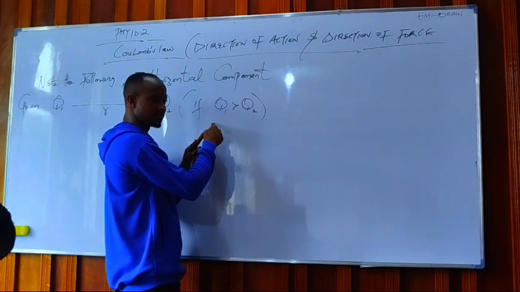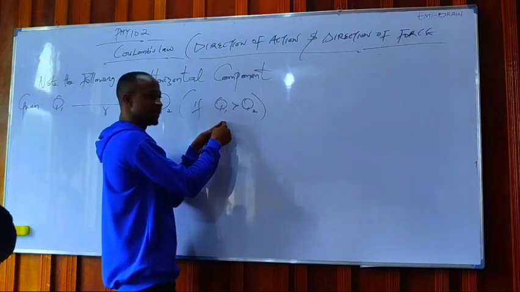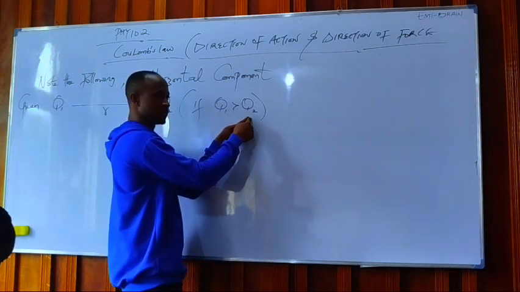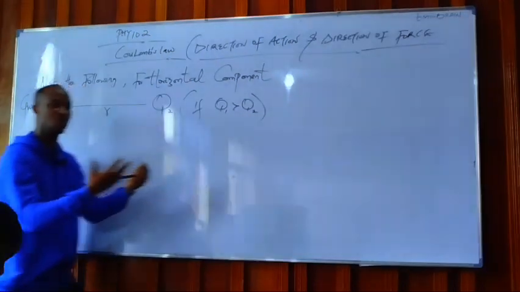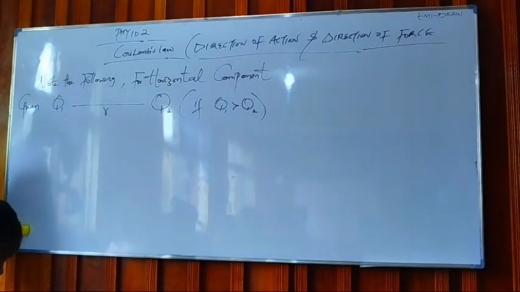Is it not so? If your Q1 is more than Q2, the action will move towards Q1 because Q1 is more. Is it not so?